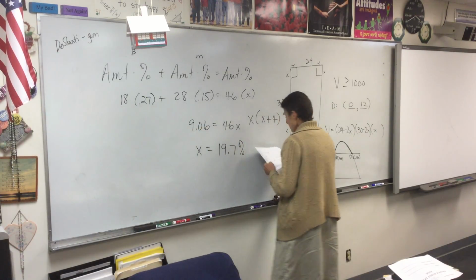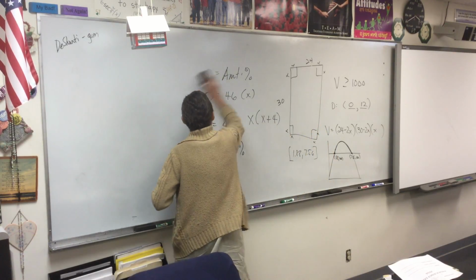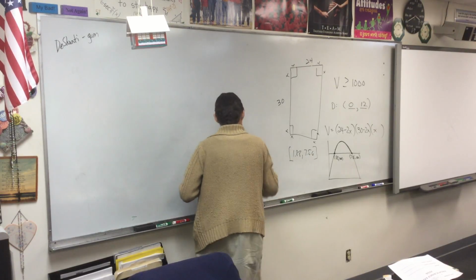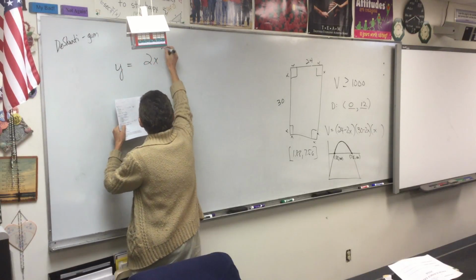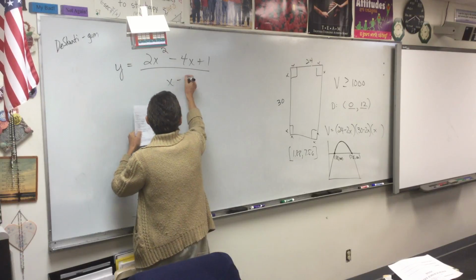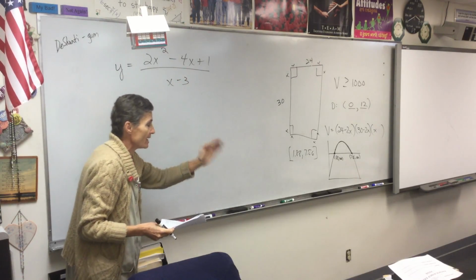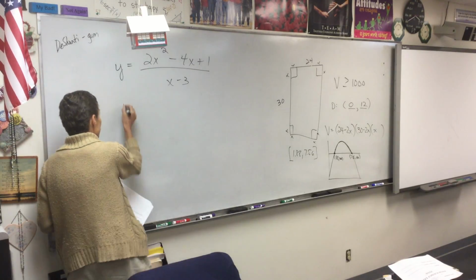Find the end behavior asymptote. Now, end behavior asymptotes can be horizontal. Is this one going to be horizontal? No. Because why? The top power is bigger. Now, you're not asked to do anything with this except find the end behavior asymptote. So what are you going to do? You're going to divide.